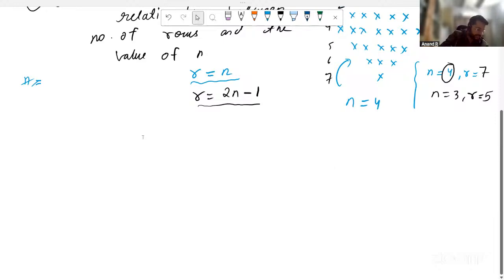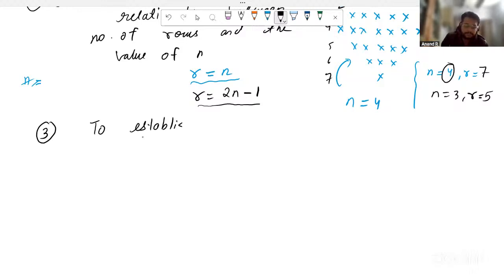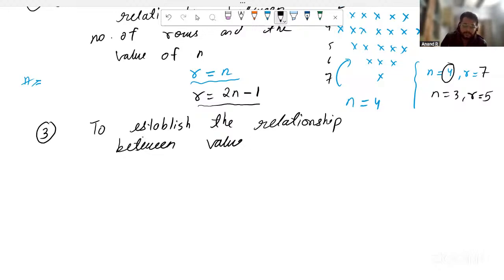Cool guys, let's take it forward and stick to this particular concept as of now. Once you're able to find the relationship between the number of rows and the value of n, the third thing we should do is to establish the relationship between the value of n and r with c.